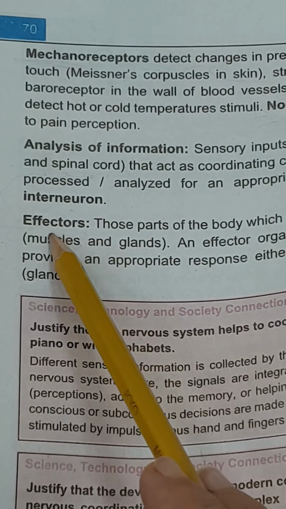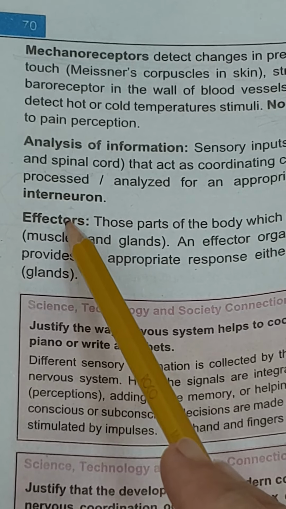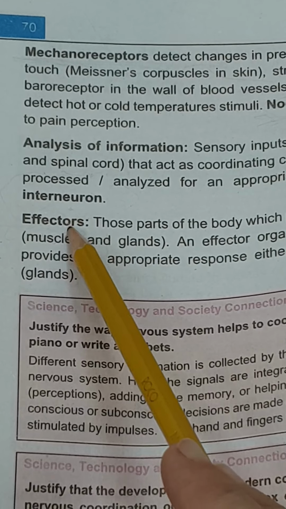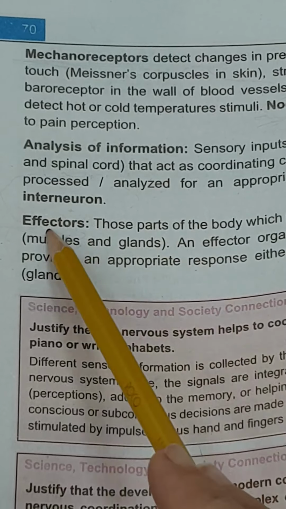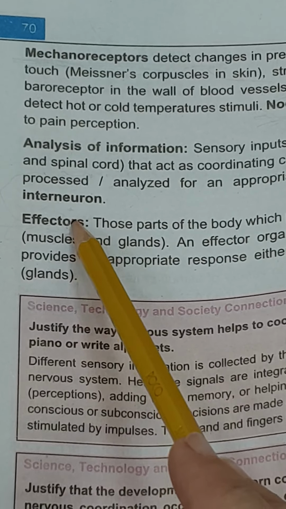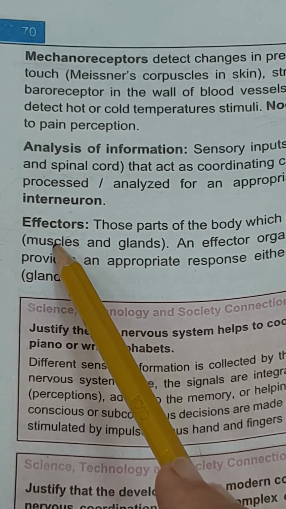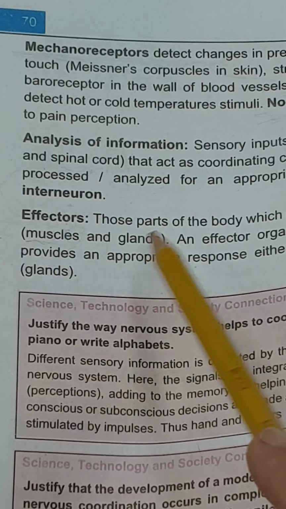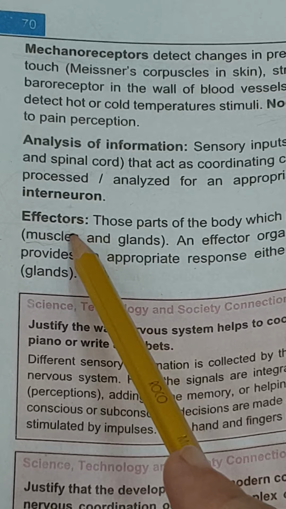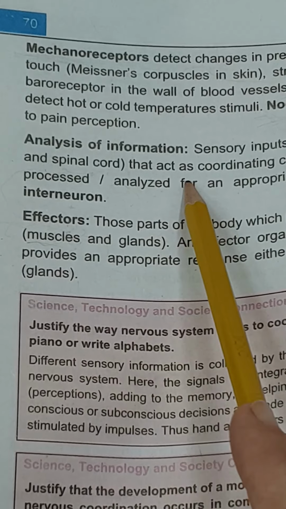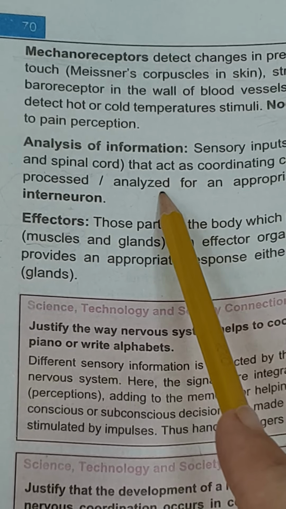Effectors are those parts of the body which produce a response according to the order given by the central nervous system. These body parts are either muscles or glands. If the muscles are the effector, they will contract or relax according to the order of the central nervous system.